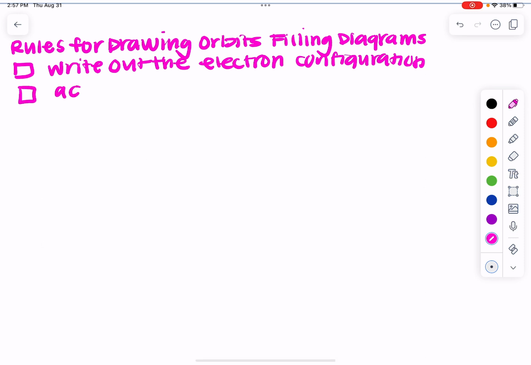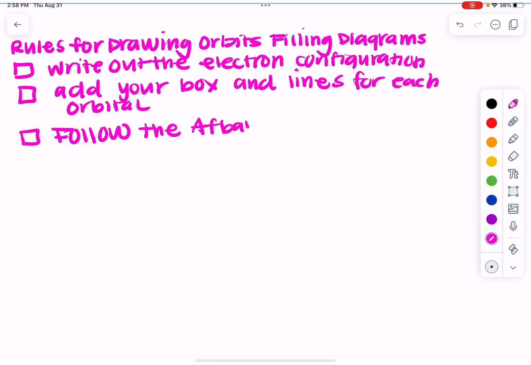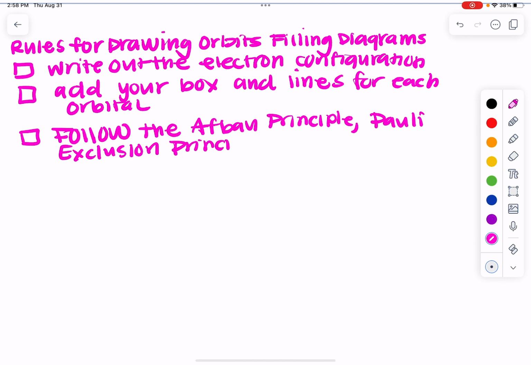Second is add your boxes and lines for each orbital. And then follow the Aufbau principle, the Pauli exclusion principle, and Hund's rule.